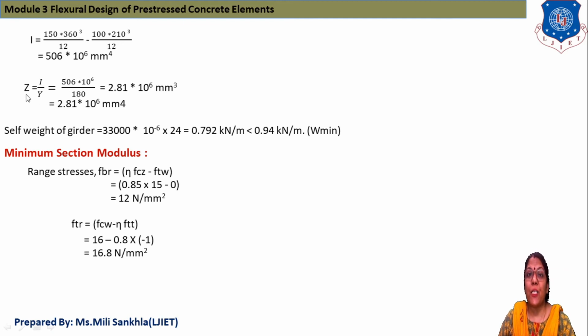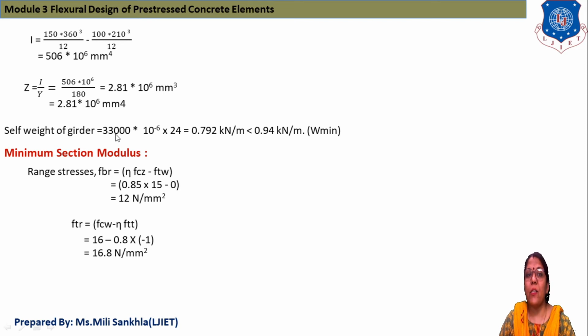Then we find out section modulus, I by y, is equal to 506 into 10 raised to 6 divided by 180, that is equal to 2.81 into 10 raised to 6 mm cube. Now next we find out self-weight of girder.